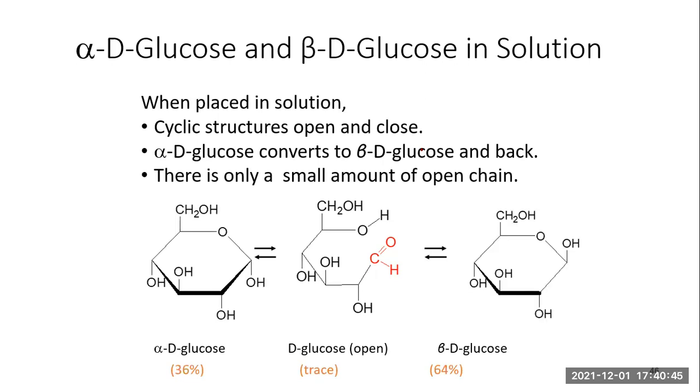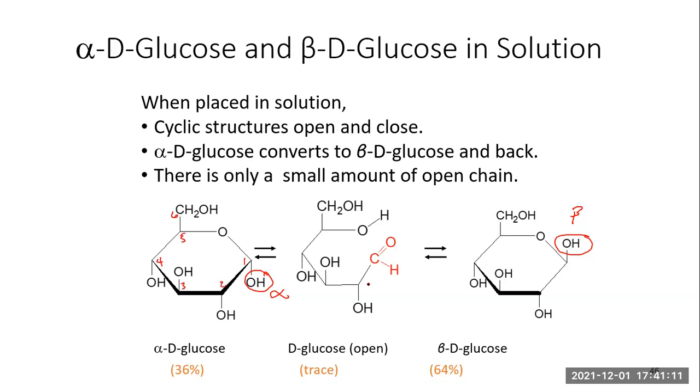And we see that for a majority of the situation, it pretty much will be in that beta form over here, 64% of the time. Again, the beta, because here again is carbon number 1, the OH group is up. This is again our alpha OH group at carbon number 1, going backwards, 6, 5, 4, 3, 2, and 1.